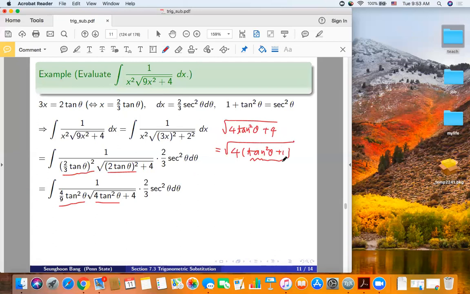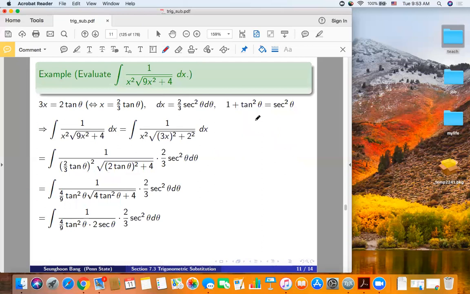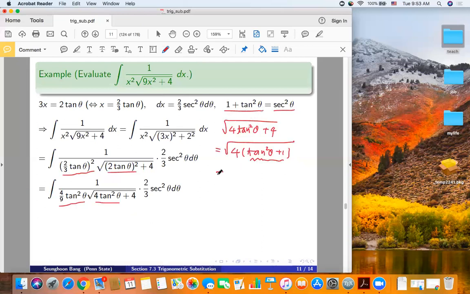Do you know? Could you write your answer on the chat board, please? What is tan squared theta plus 1? You're right. Here, secant squared of theta. It's good. Thanks. Here we can change it to secant squared of theta.